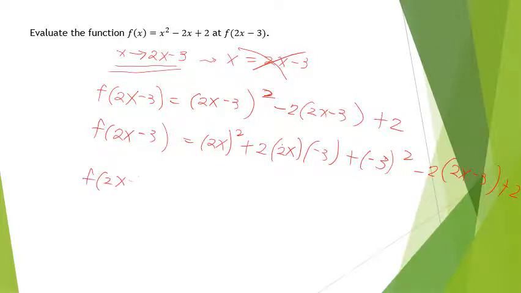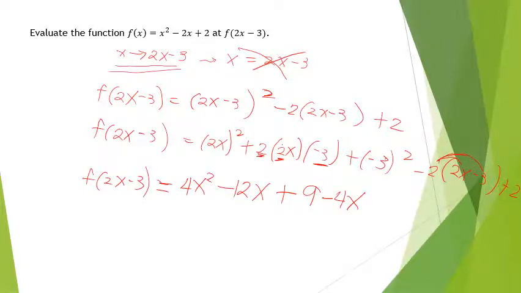F of 2x minus 3, simplify yung kanan. Anong square ng 2x? 4x squared plus, ano ang 2 times 2 times negative 3? Negative 12x. Plus, anong negative 3 quantity squared? 9. Minus, simplify, distributive property. Negative 2 times 2x, minus 4x. Negative 2 times negative 3, positive 6 plus 2.